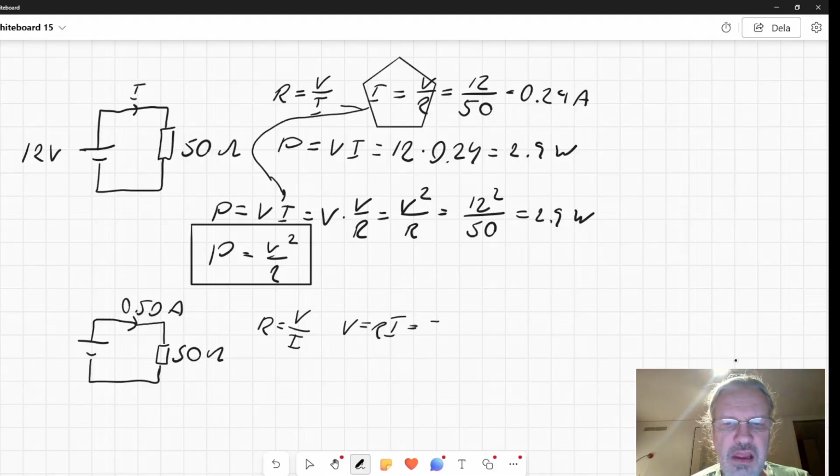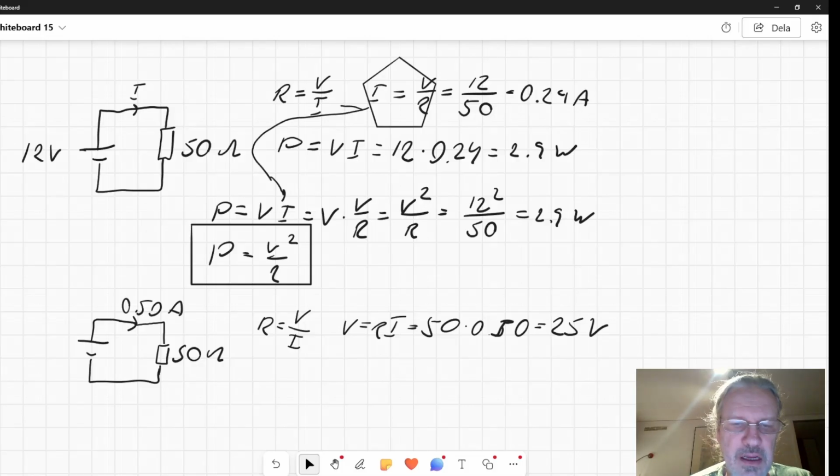R is 50. I is 0.50. And that will give us 25 volts, right? Because times 0.5 is just half of it.